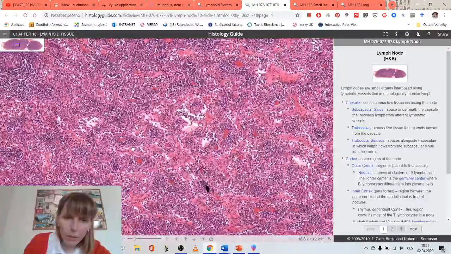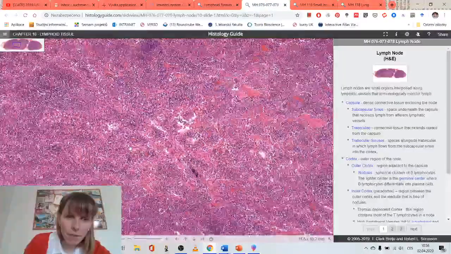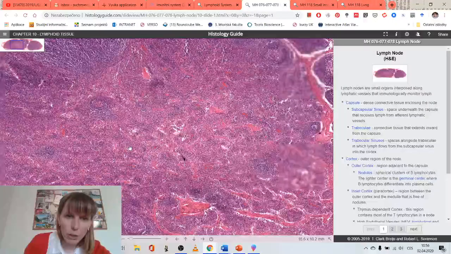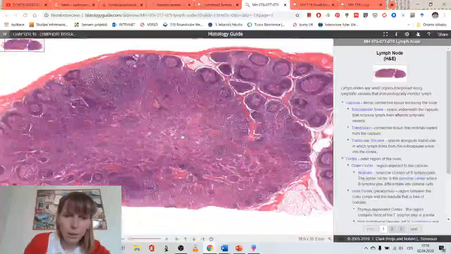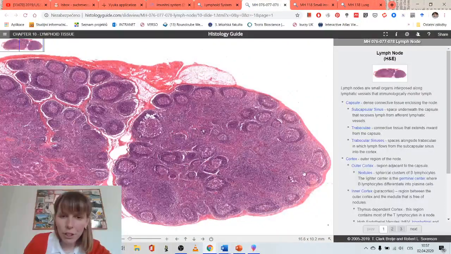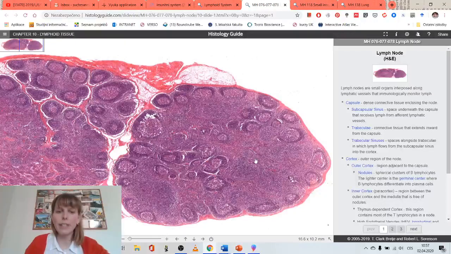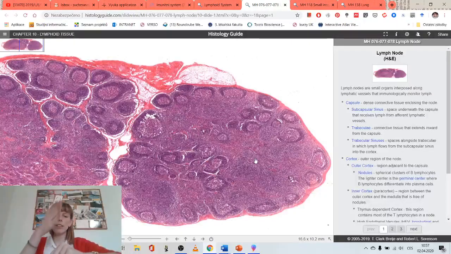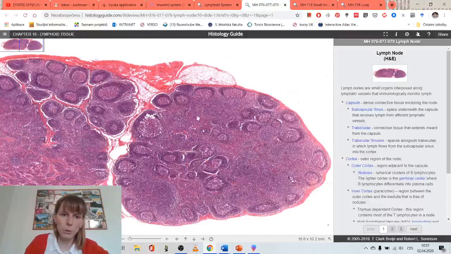You also have a lot of blood vessels here. So this is the medulla in the center of the lymph node. This other region doesn't have the medulla. You can see that it's all cortex. It's cut on the side. So if you have cortex on the side and you cut just through the cortex, this is what you would see.